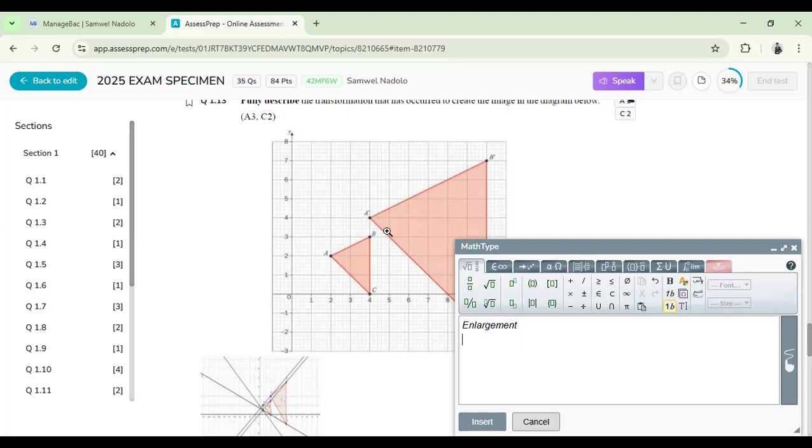So I'll use line AB and line A prime B prime to see how it has enlarged. So for example, if I use line AB, point A has a coordinate of (2, 2). So I'll write point A is (2, 2). Then point B has a coordinate of (4, 3).